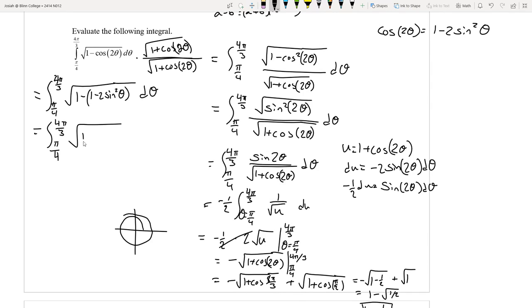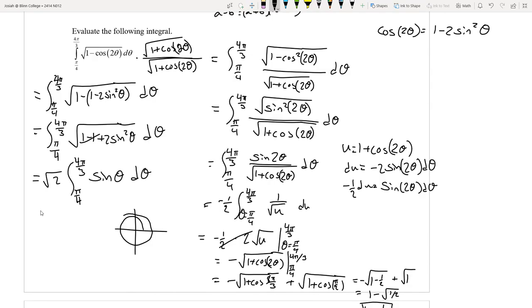So 1 minus 1 plus 2 sine squared of theta d theta. These 1's will cancel. We'll get a root 2 that we can go ahead and pull up front. And the square and square root will cancel. And so we'll end up with sine of theta.